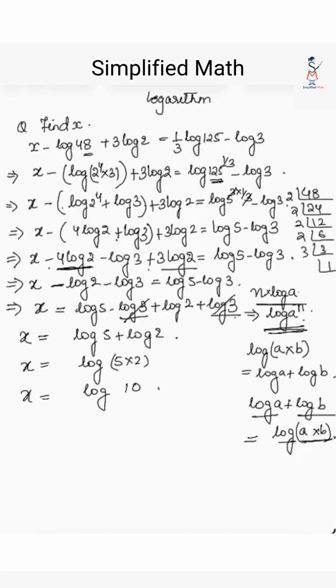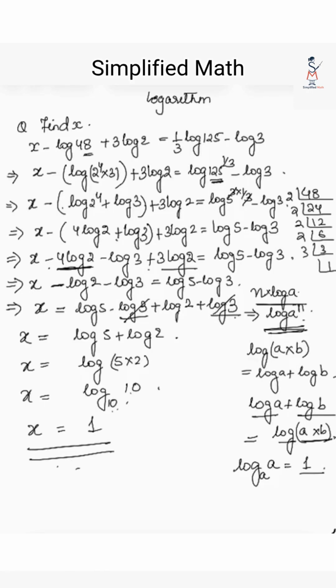Fine. Now if there is no base, that means the base is 10. And we know that any log with the similar base, the value is always 1. So here it is log 10 to the base 10 is 1. So what is the value of x? So x turns out to be 1.